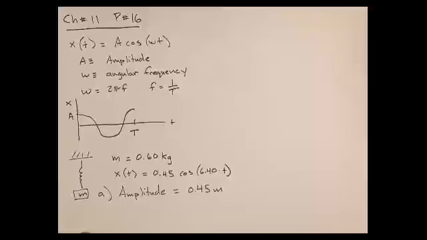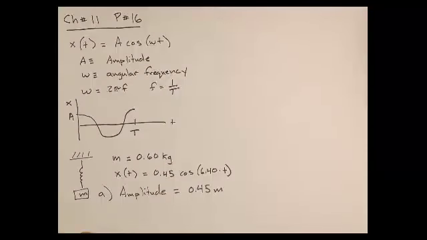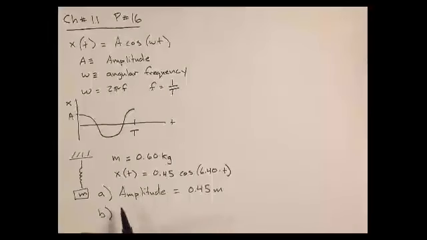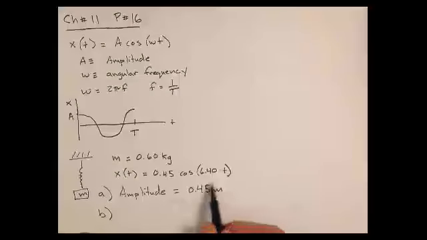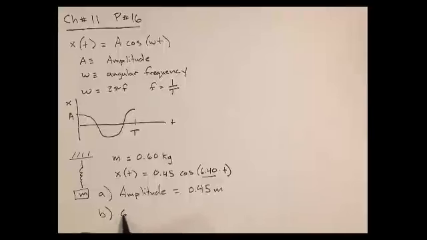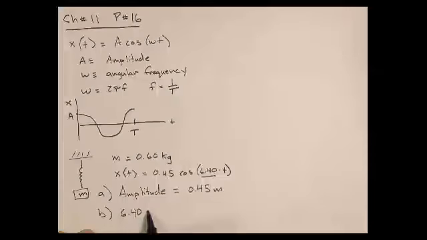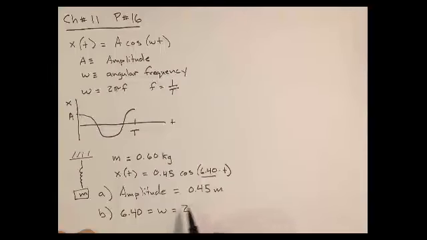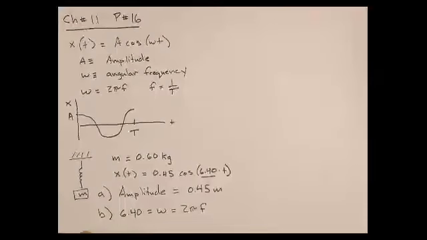Part B says, what is the frequency? Well, I know that 6.40 is not the frequency, but it would be the angular frequency, omega, which is 2 pi times the regular frequency.